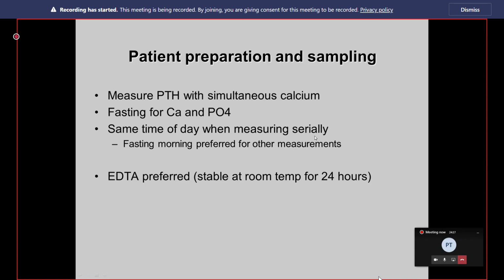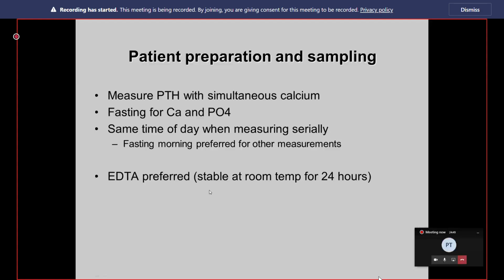measurement. Of course, in a sick patient who presents to the casualty, sometimes you have to do these measurements whenever the patient presents. The sample for PTH, I prefer EDTA because PTH is more stable in EDTA. So stability-wise, EDTA is preferred for PTH measurement, but some people prefer serum, even though PTH is less stable in serum, because calcium measurement can be done on the same sample.